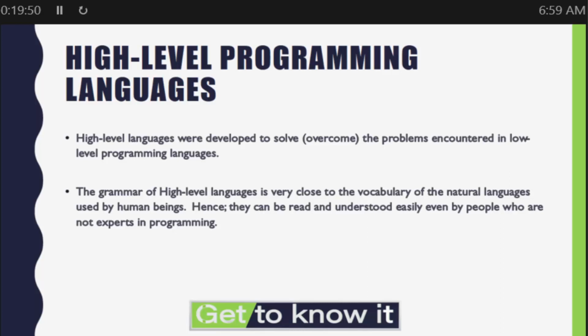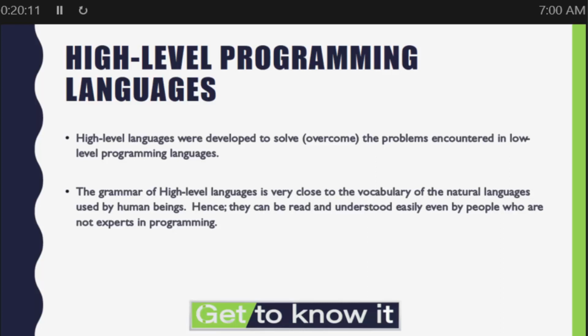So unlike the low-level languages, which are machine hardware oriented, high-level languages are usually general purpose and problem oriented.